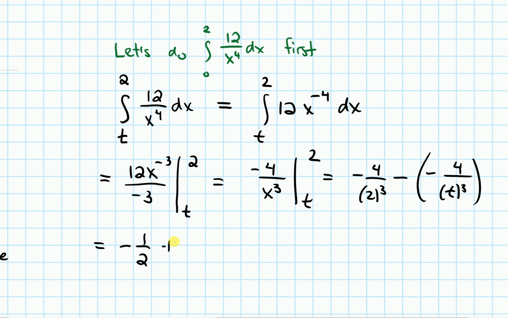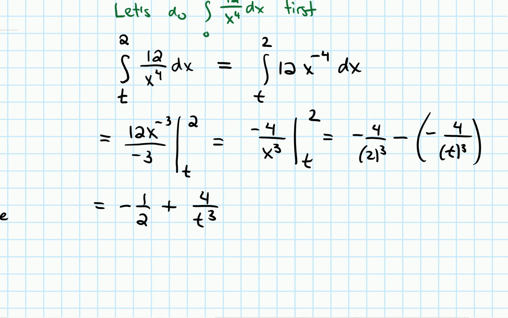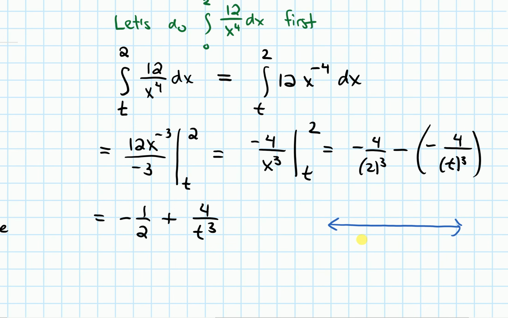And then plus 4 over t cubed. Now we are ready to take a limit now that I've simplified this. My interval was from 0 to 2, and what's making it improper is the 0.